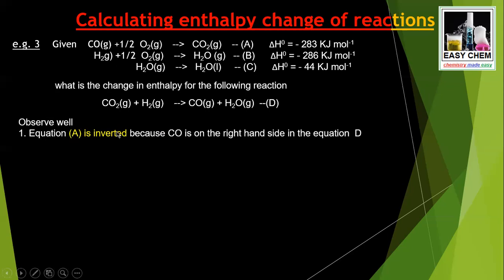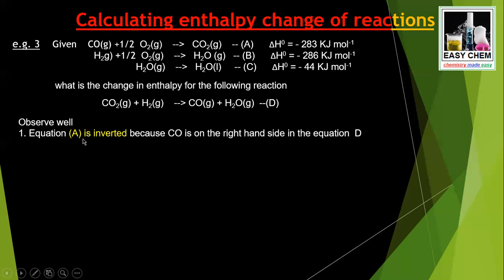Why do you have to invert? Because you can see in equation D, we have carbon monoxide on the right-hand side. But in equation A, we have carbon monoxide on the left-hand side. So if you invert equation A, we can bring carbon monoxide to the right-hand side with oxygen, of course, and carbon dioxide will come to the left-hand side.